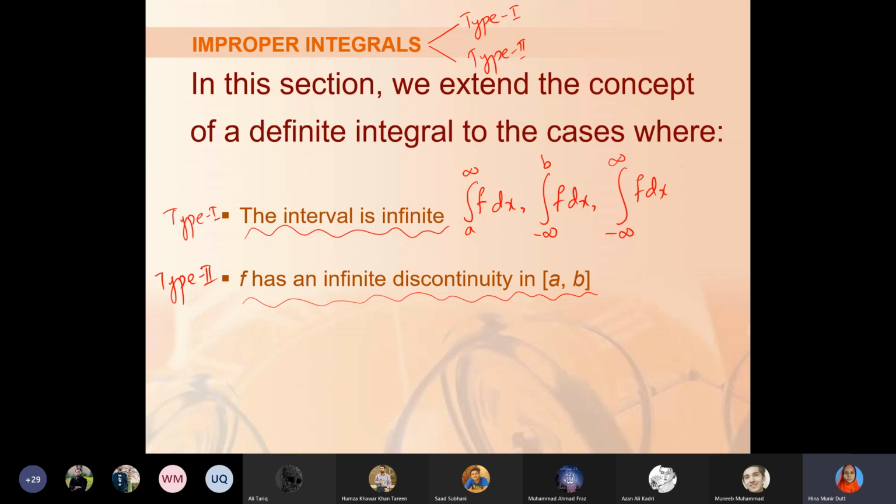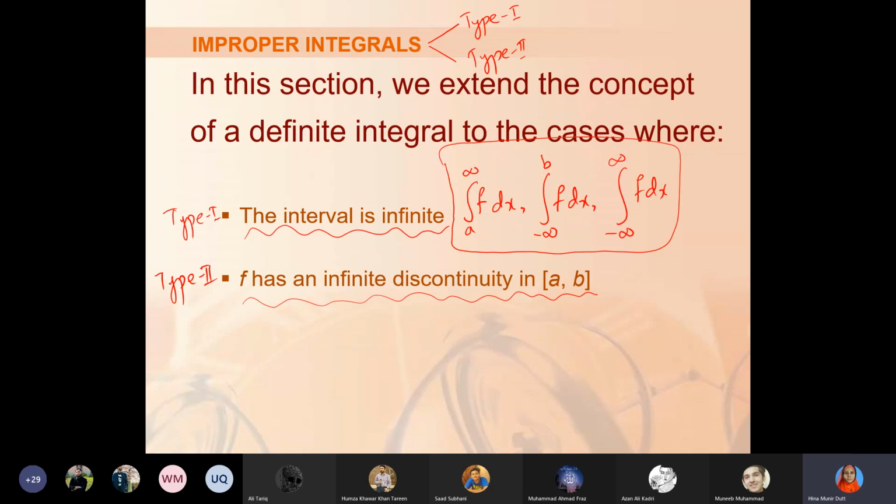If one of the limits of integration or both the limits of integration are infinite, it means the integral is an improper integral of type 1. These are the three cases of the improper integral in which the limit of integration is infinite, both the limits or either the upper or the lower limit is infinite.